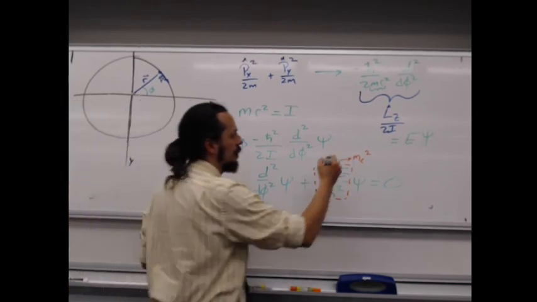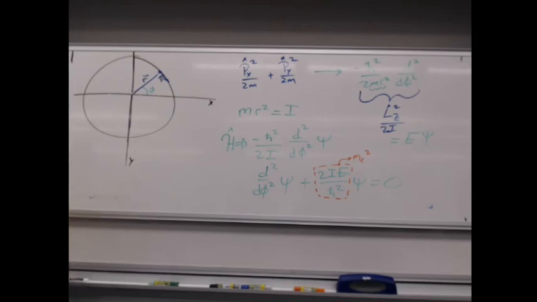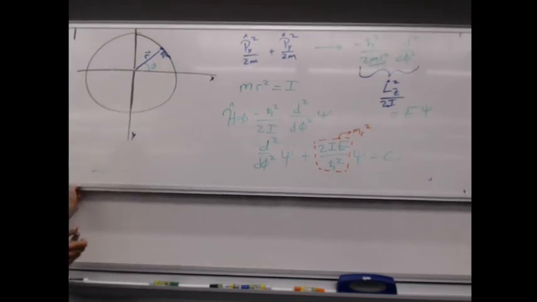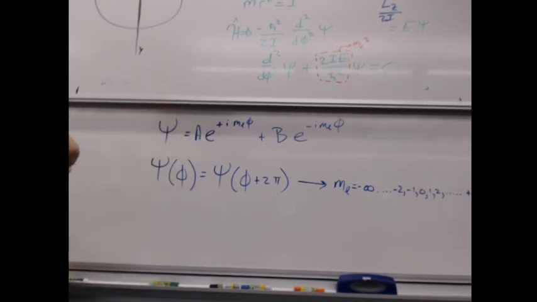Oh, sorry. LZ squared over 2I. That's going to give us the LZ. That's going to be the Z component of the angular momentum. In order to make a little bit more sense of that, we have to get into cross products in three-dimensional space, which I don't want to do with these last 15 minutes. So, because that's how much time we have left, right? Okay.